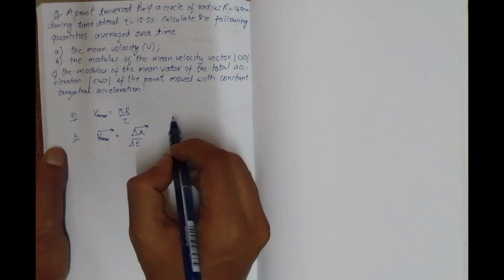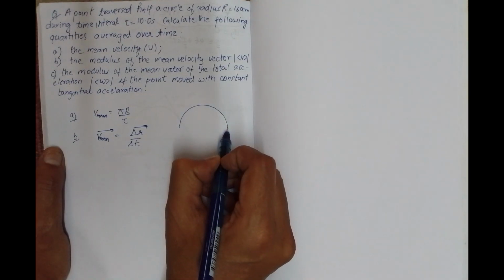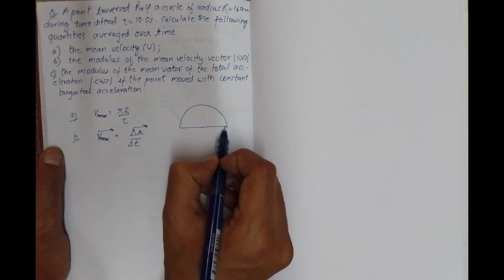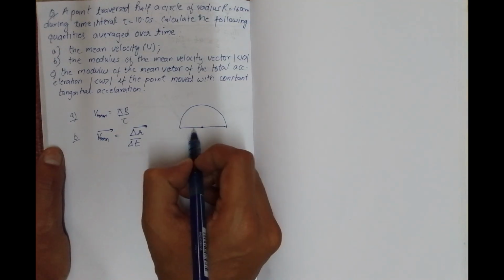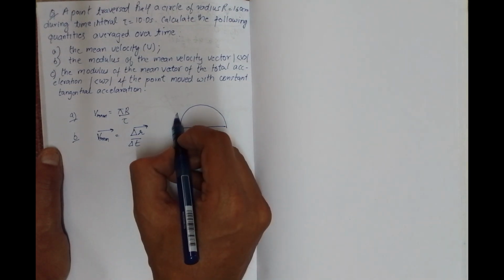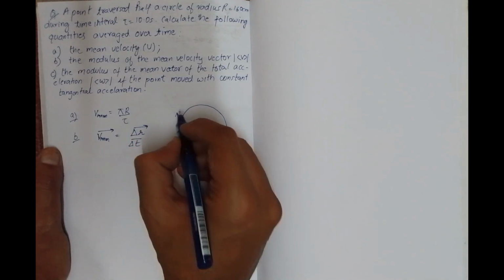So in this case, you have a semicircle, right? Like this. Initially, the body has a velocity like this, or the particle is like this, vertically upwards. This is a little bit slanted. It's vertically upwards.